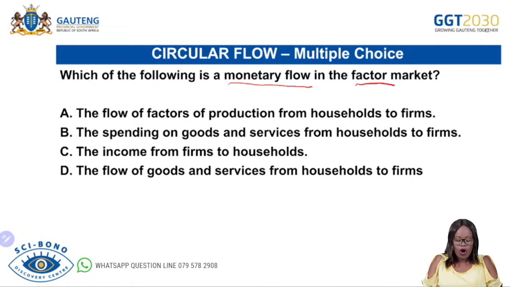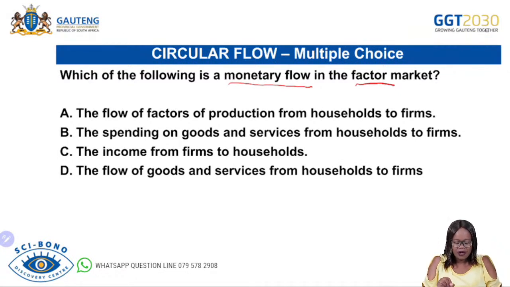Looking at the options, remember when we speak about monetary flow, we are talking about the flow of money, right? When we speak about the factor market, this is the market where not goods and services, but rather factors of production are being exchanged.